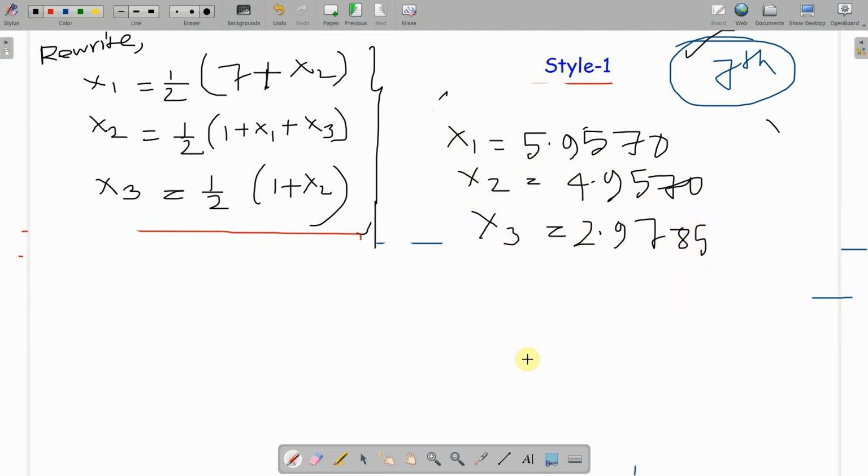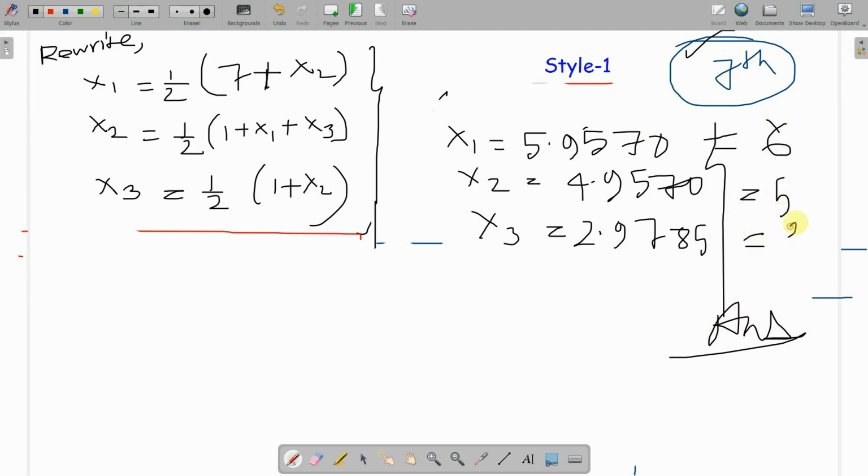Okay, so this would be your result. This is optional. You can write this is our answer, or you may write that the answer is 6, 5 and 3. I am approximating this.